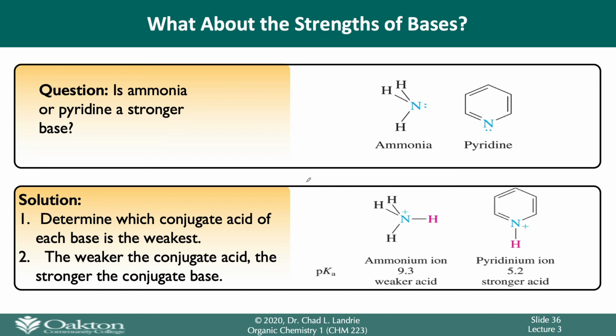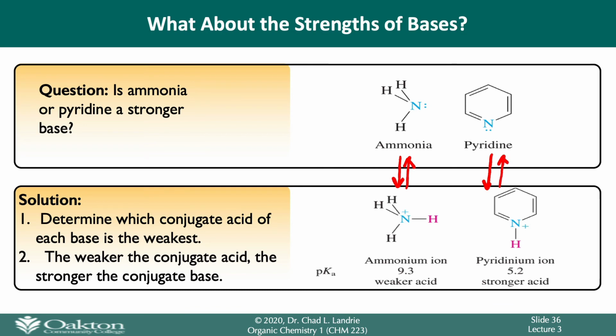The simple solution is don't look at the base, look at that base's conjugate acid. So the conjugate acid of ammonia is the ammonium ion. Remember, conjugate acids have one more hydrogen than the conjugate base. And the conjugate acid of pyridine is the pyridinium ion.